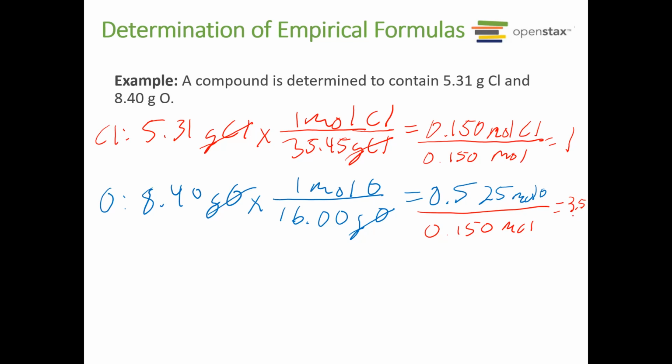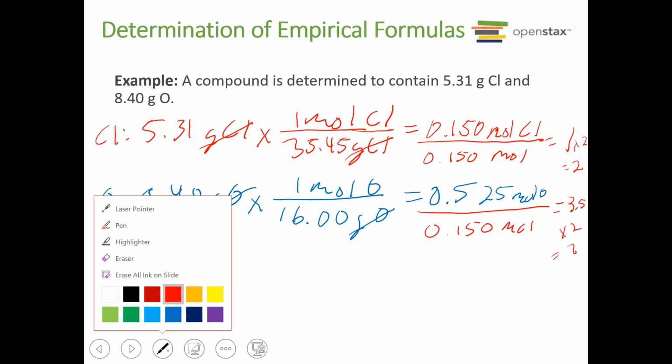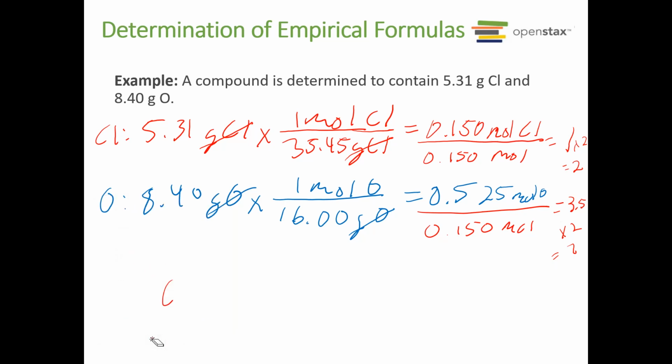So since this is a half, if we just double this, then that gives us a whole number. 3.5 times 2 is 7. Now if we double the oxygen, we also have to double the chlorine. So 1 times 2 gives us 2. So this compound is going to be Cl2O7.